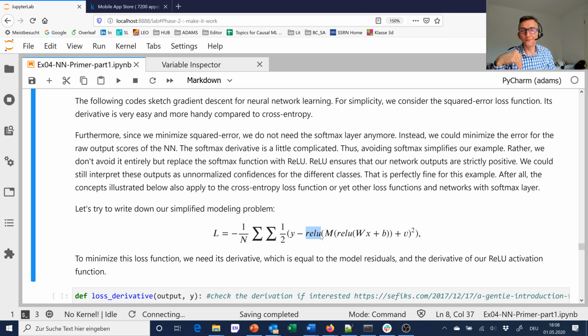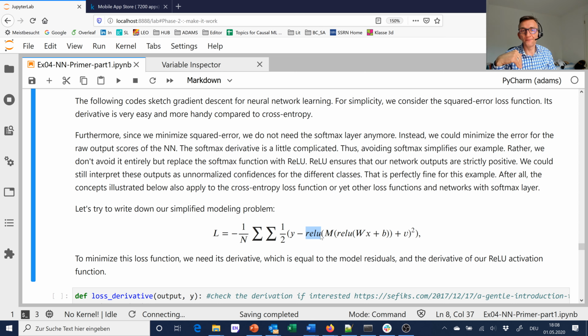So it's not a probability because I don't use softmax, but it's still a score which indicates somehow, where larger values indicate that a certain rating category has higher likelihood of occurring, and smaller values indicate that a rating category has less likelihood of occurring.